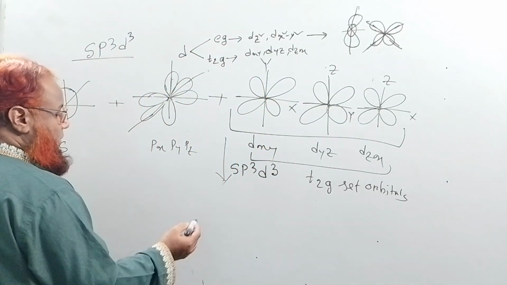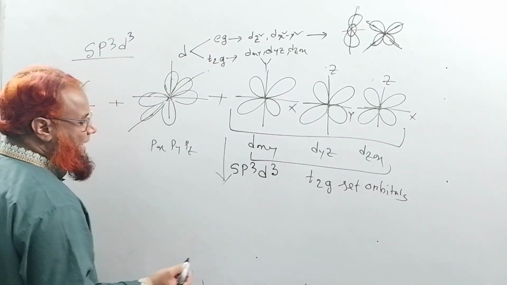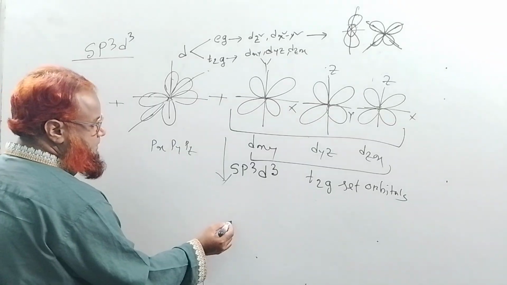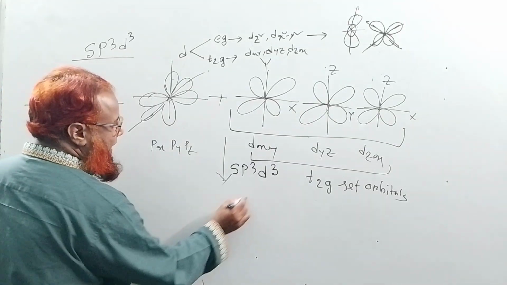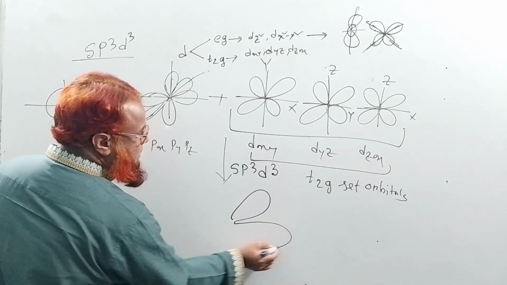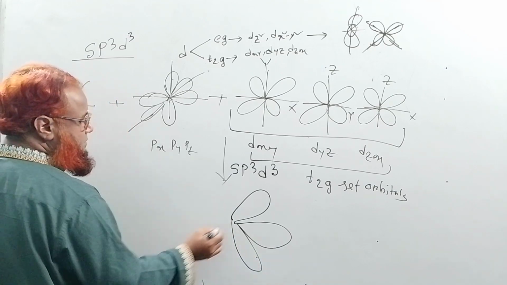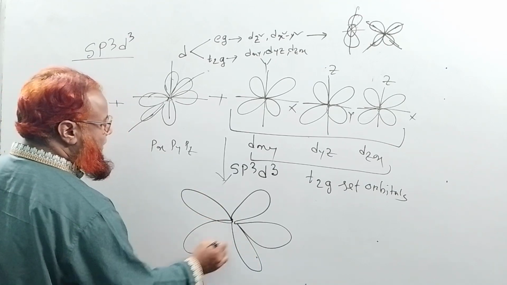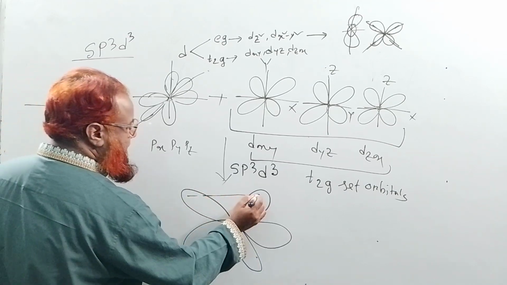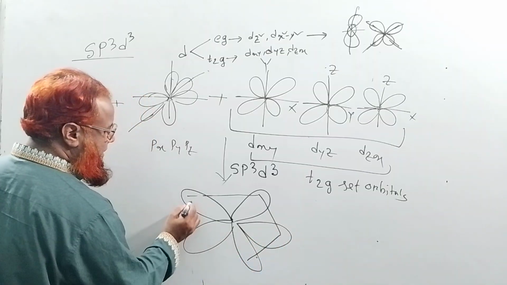Okay. Now, how will these 7 be arranged together? Look at here. Five hybrid orbitals will be arranged 1, 2, 3, 4, 5. So, this is the pentagonal shape, right?